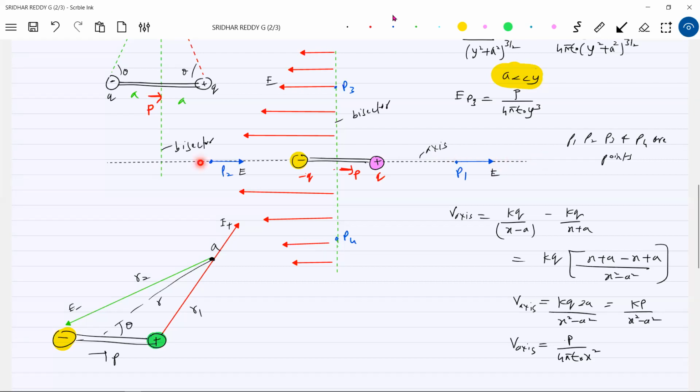Positive. What about here? Negative, because this point is near the negative charge. So everywhere here the potential will be negative, here it will be positive. What about on the bisector?